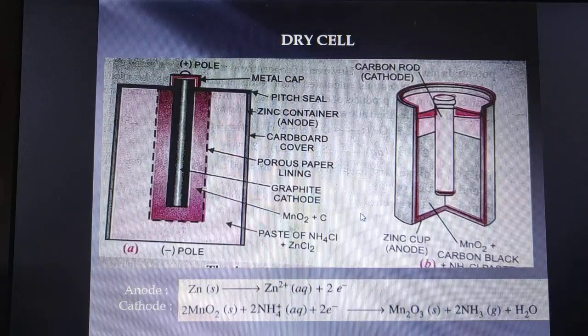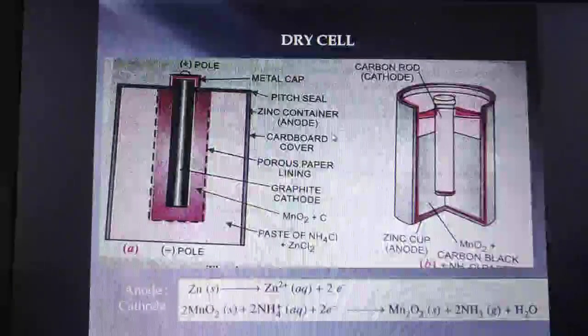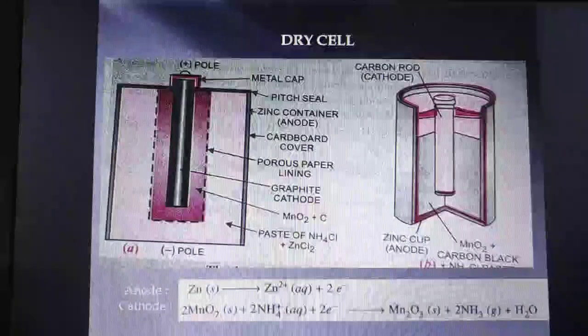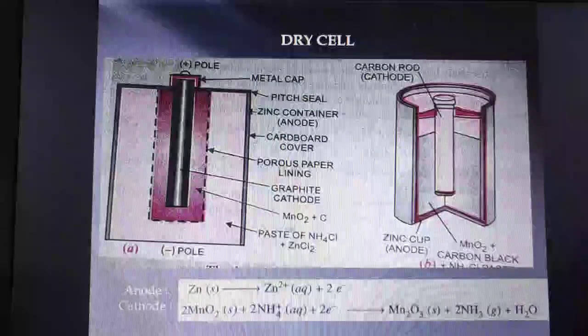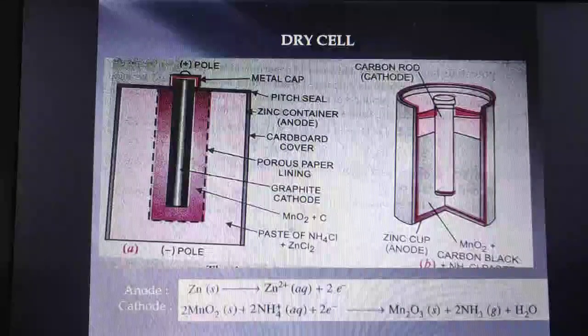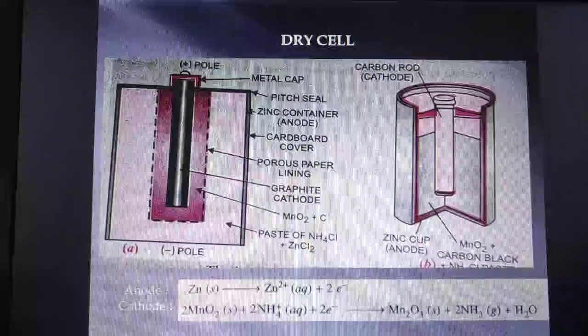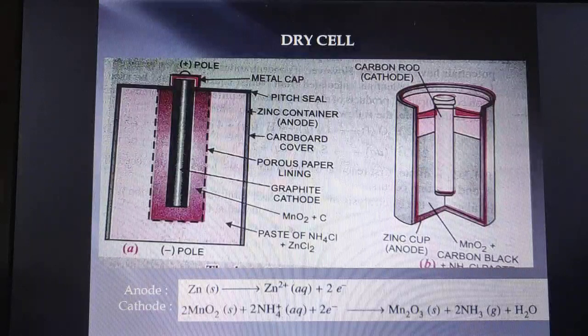First is the dry cell. Before starting the dry cell, I want to explain that primary cells are those cells in which the redox reaction occurs only once. That is, the cell becomes dead after some time. They cannot be used over and over again.